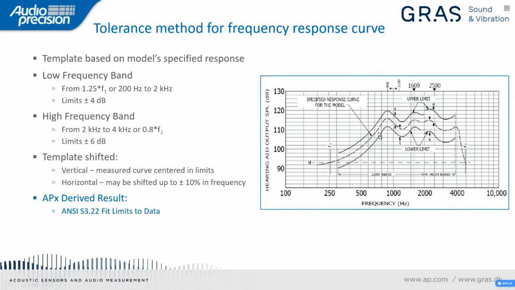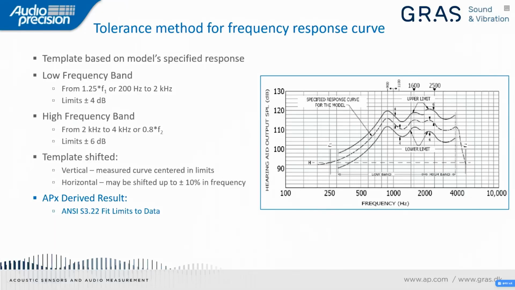Now, the way this is specified in the standards, these were written many years ago when people used transparencies, and the idea was you would draw the limits on a transparency at the same scale as your measured curve. You would then put the transparency over top of the measured curve, adjust it vertically until the measured curve is centered within the limits. And they also allow you to adjust the curve horizontally in frequency, up or down, by as much as 10%.